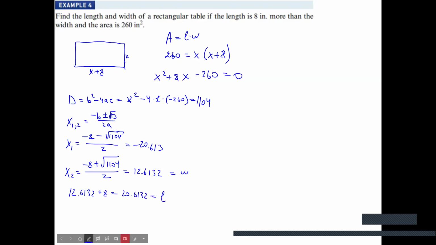So let's manipulate the equation here. So x squared plus 8x equals 260. So x squared plus 2 times x times 4. Now I need to complete the square.